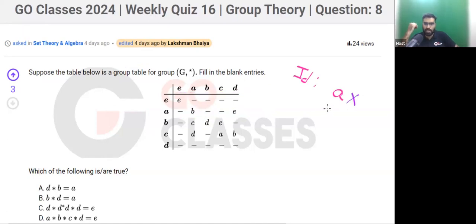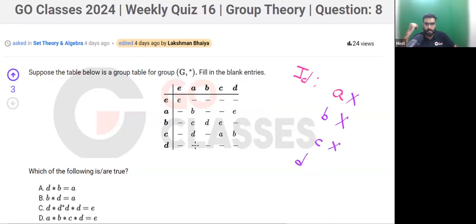So A is not the identity element. What about B? If B is the identity element, then this row would be the same as this header, but they are different. So B is not the identity element. What about C? If C is the identity element, this row would be the same as this header, but these two are different. So C is also not the identity element.